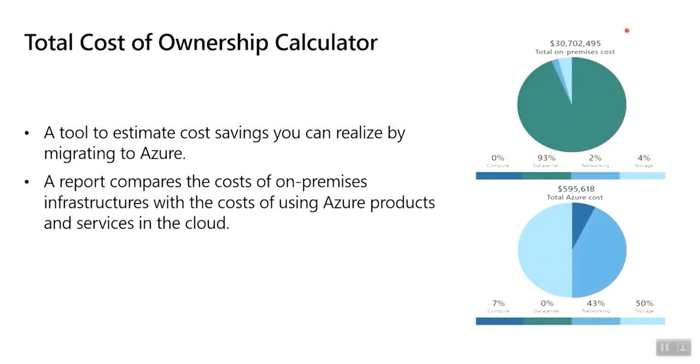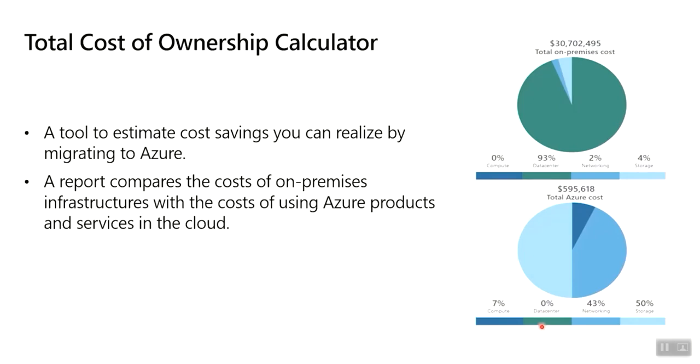So this is your labor fees, your rent, all of that, with very little coming from the actual compute side. If we were to switch it over to Azure then, running this exact same workload, you no longer are paying for that data center because again, when you work with Azure or any public cloud computing, you are taking advantage of having someone else run that physical infrastructure for you.